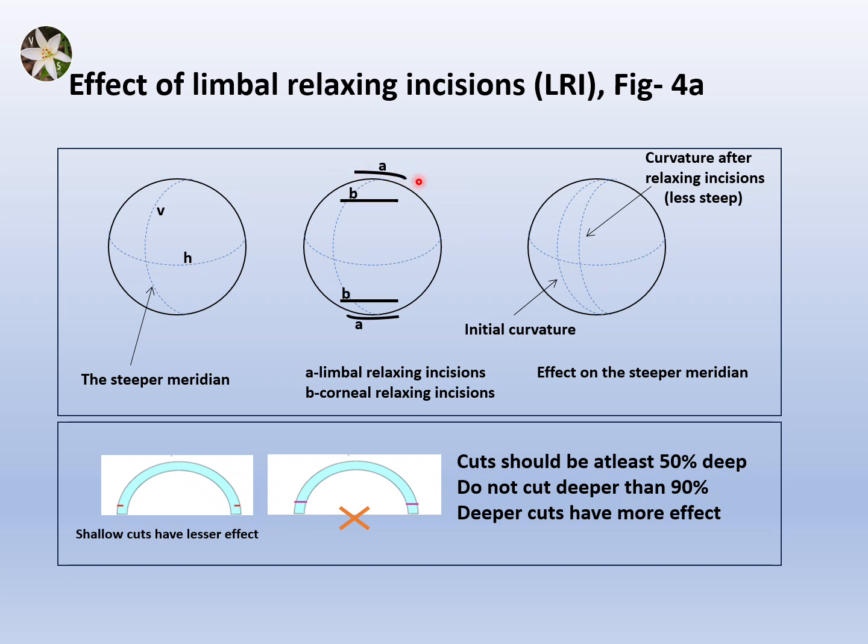So it may be at the limbus, which is shown by these lines A, or it may be in the mid-periphery of the cornea as shown by these lines B. And the effect is that it makes the steeper meridian less steep. The cuts should be at least 50% deep. Do not cut deeper than 90% depth, and it goes without saying that the deeper cuts have more effect.